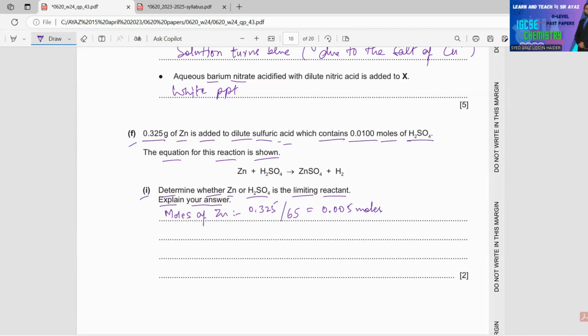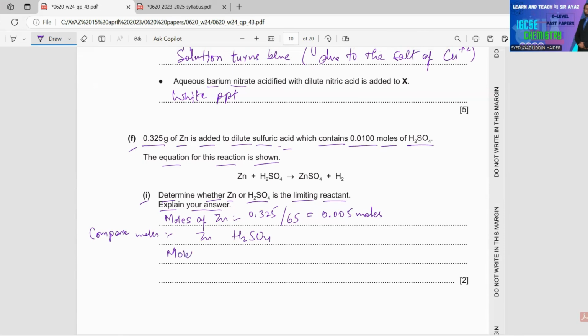Now compare moles. We are almost there. See here, Zn, H2SO4. What's the relation? Moles 1 reacting with 1. So 0.005 reacts with X. So it will definitely become 0.005 moles. These are the moles of H2SO4, and compare it with the moles provided in this question.